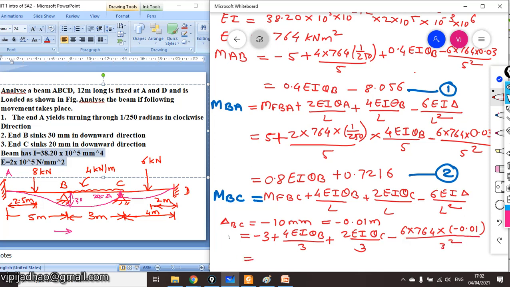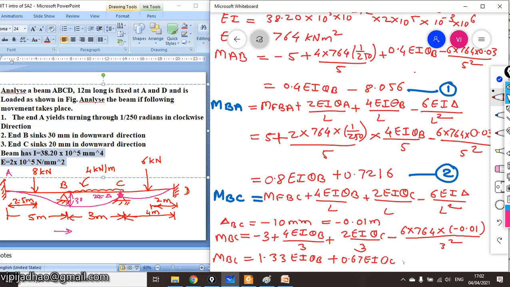So finally we get this MBC equal to 1.33 EI theta B plus 0.67 EI theta C. Just add these two terms, minus 3 and this particular EI delta term.